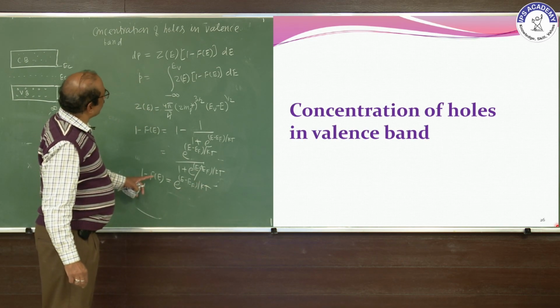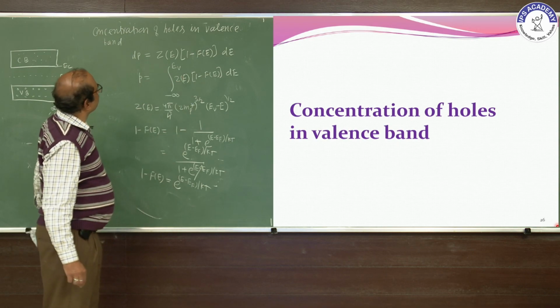Now put this value of 1 minus Fe and ZE into this equation.